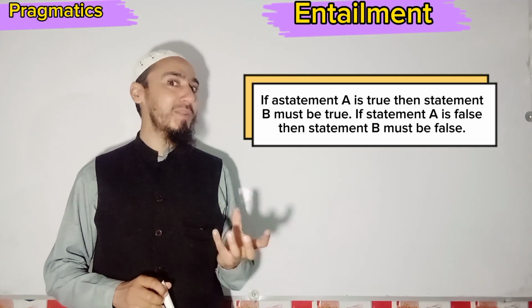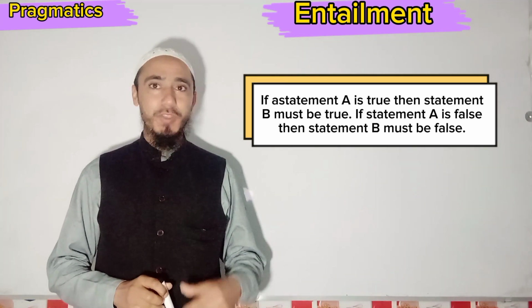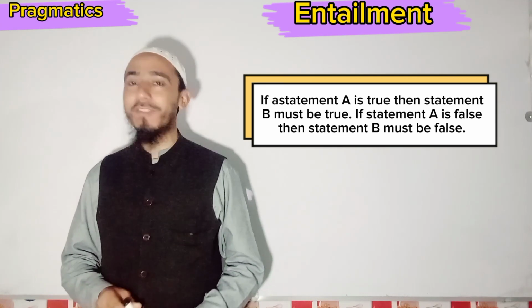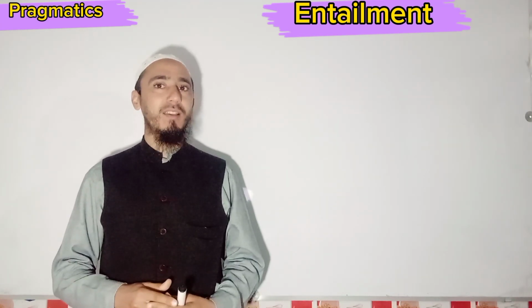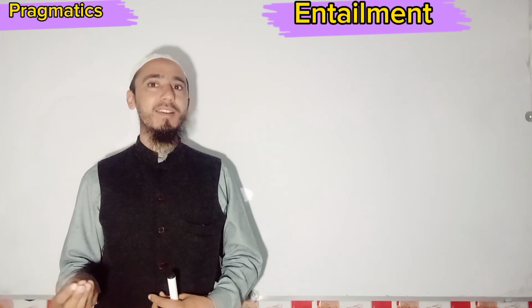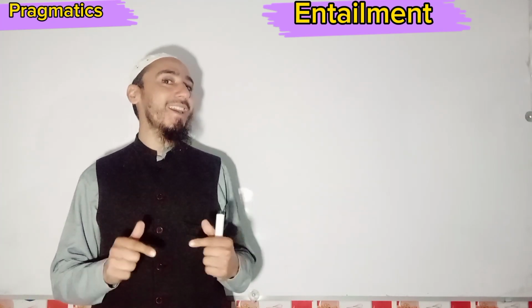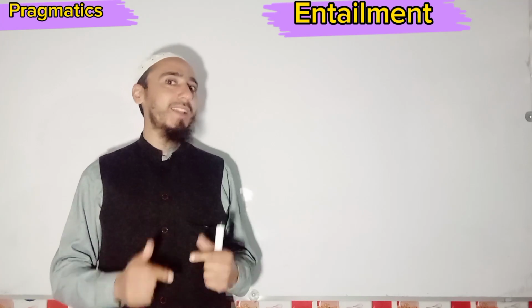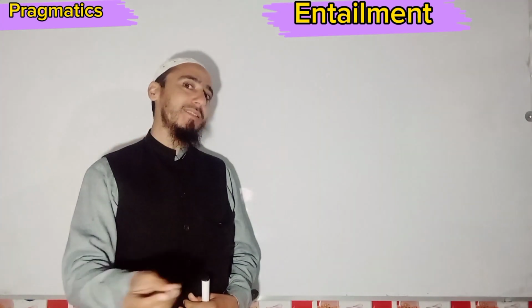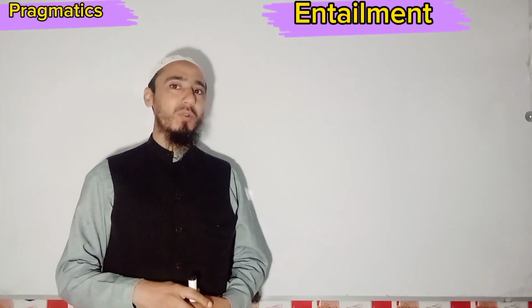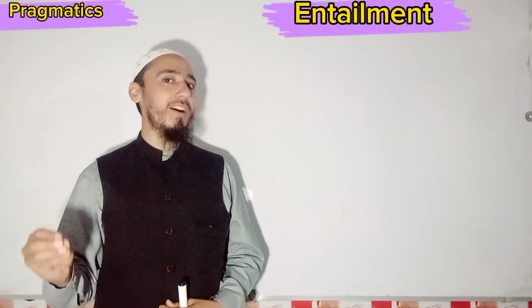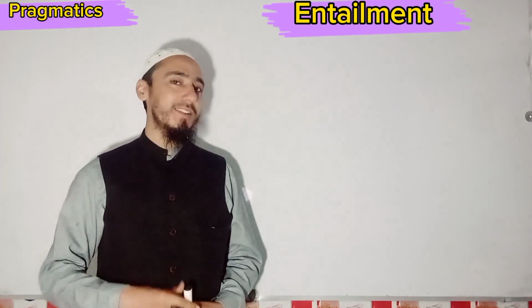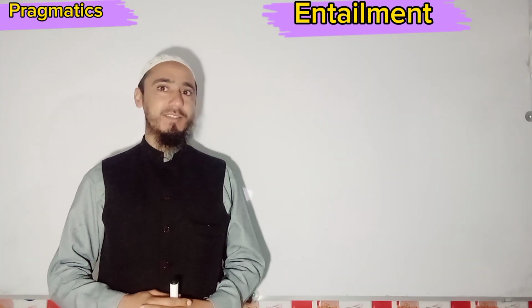If statement A is false, then statement B must be false. In other words, according to entailment, if a sentence A is true, then sentence B must be true. But if a sentence A is false, then sentence B must be false.